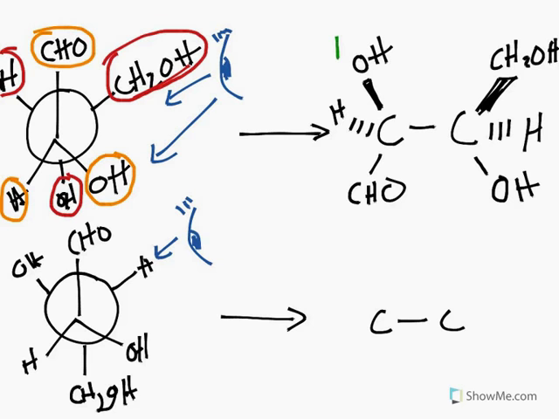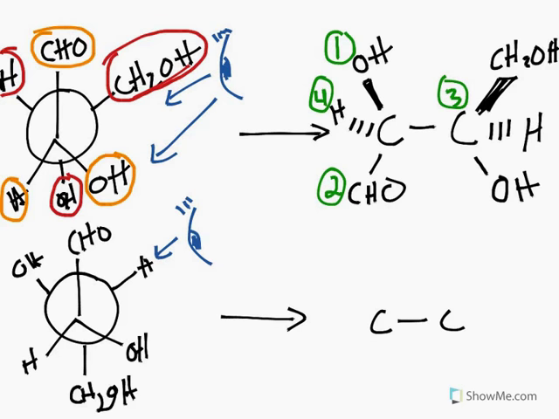So the first thing I'm going to do is give priorities. That's my first priority. Trying to circle that. This is hydrogen here. It's going to be my fourth priority. Now this is going to be my second priority. And then by default, that leaves this carbon here as my third priority.